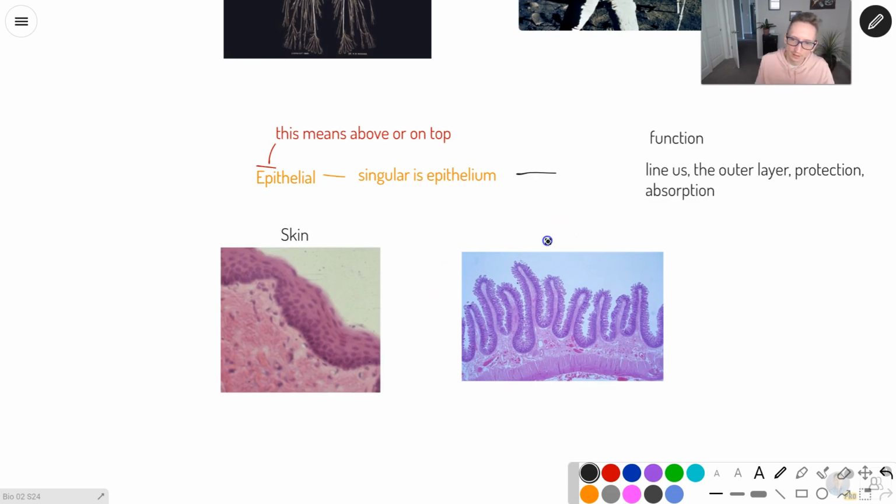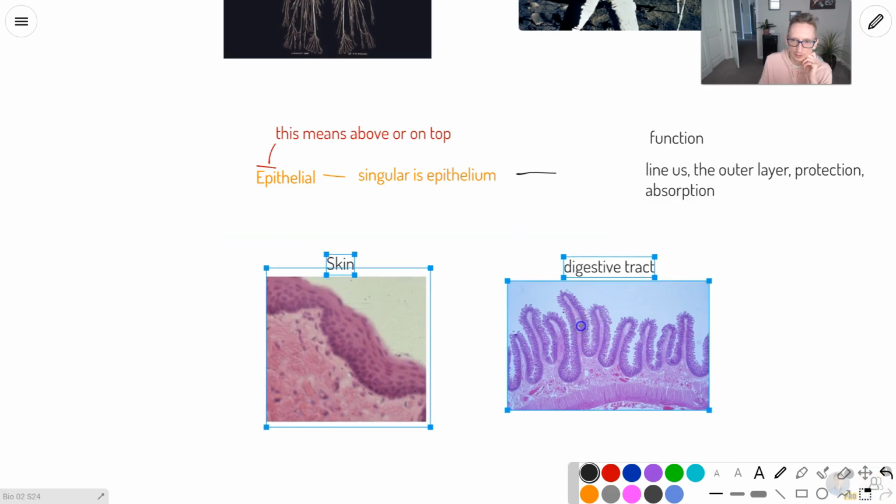And digestive tract. Other examples would be like our lungs and our trachea, inside our ears, inside our cheeks. All of that is epithelial tissue. Digestive tract, which is very important for absorption. Anything that has a hole through it and it lines that hole, or anything that's on the outside, all of that is an epithelium.